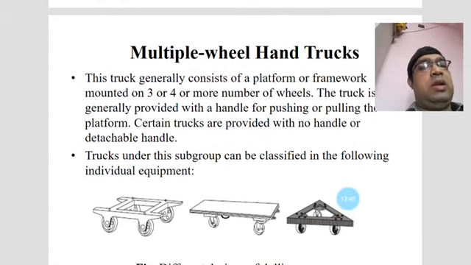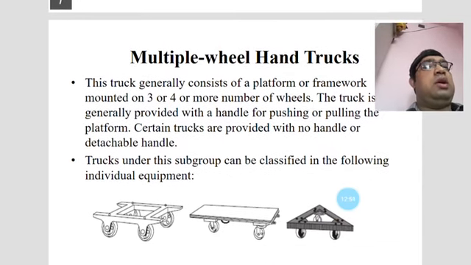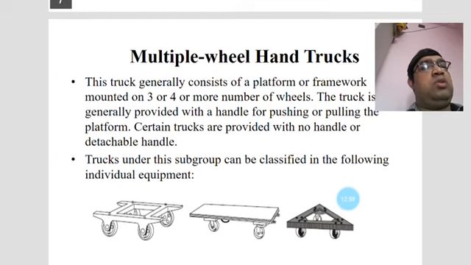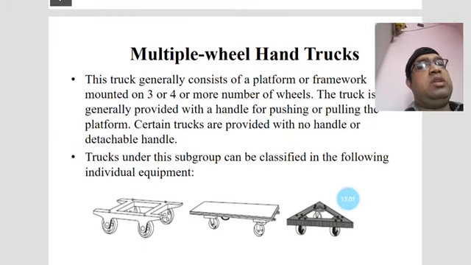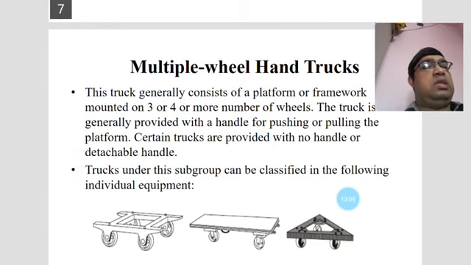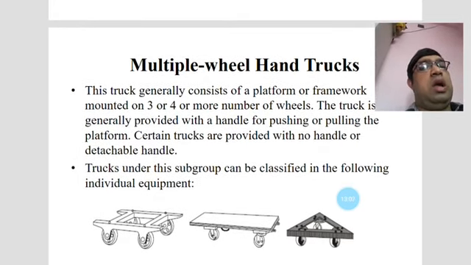Basically there are the four-wheel hand trucks and the three-wheel hand trucks. The three-wheel hand truck is much used on different railway tracks. Sometimes these dolly systems are used when heavy loaded materials are transferred.